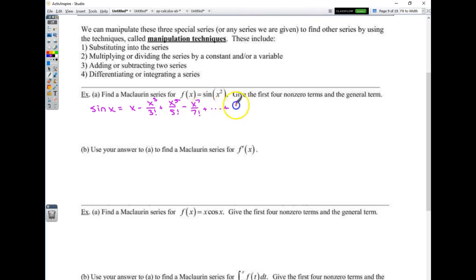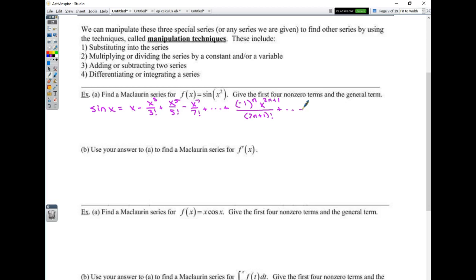And we had the general term -1 to the n times x to the 2n plus 1 over 2n plus 1 factorial. And that's an equivalent statement. This is the same exact thing when we're looking at these.